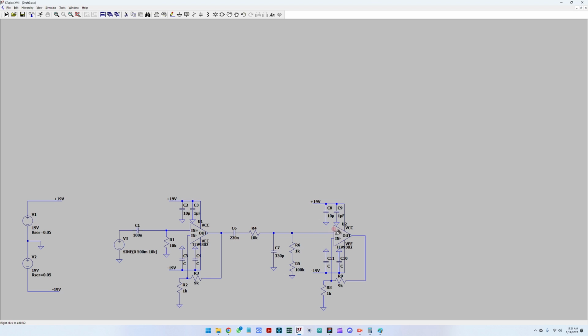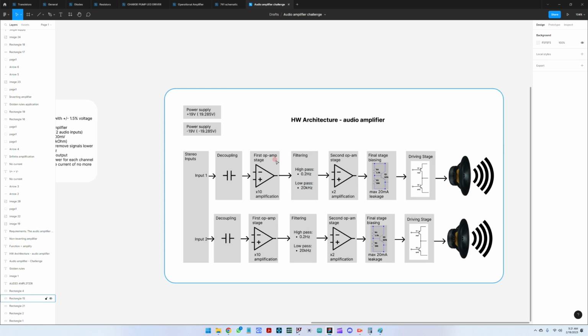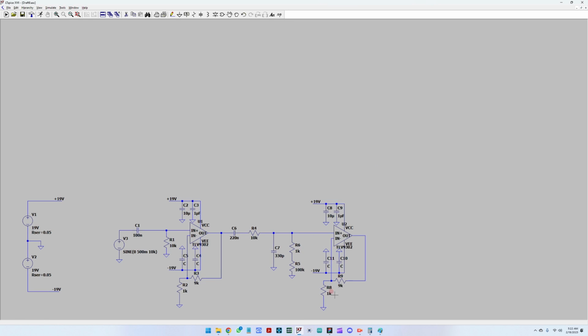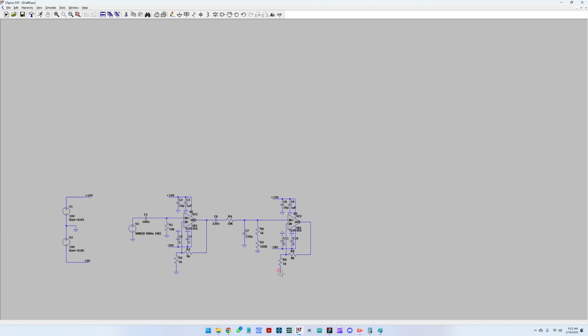So now we have an input from the filtering stage. We are here in the diagram, so we did the first amp stage. Now we're in the second operational amplification stage. This has an amplification of ×2. So let's build this. So here we have a ×2 amplification.